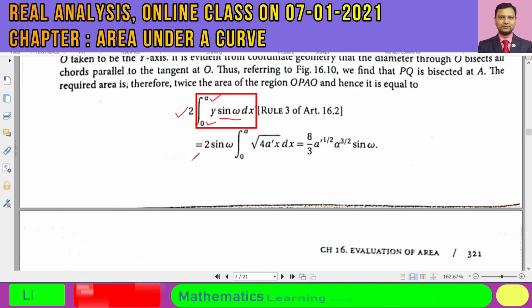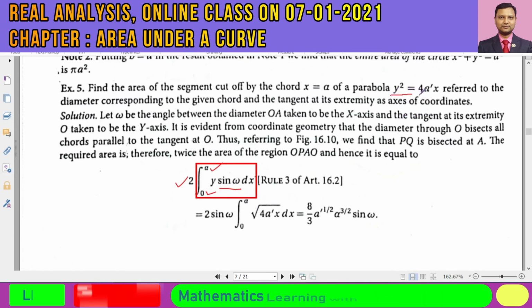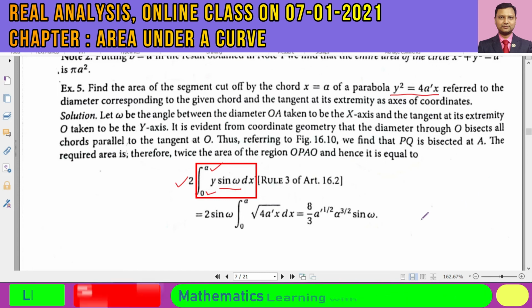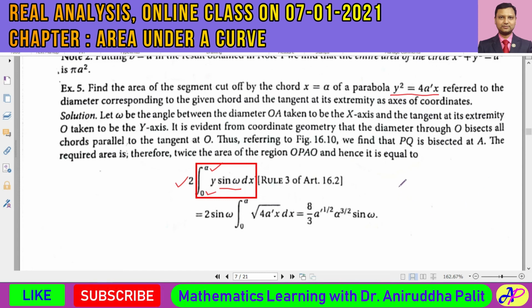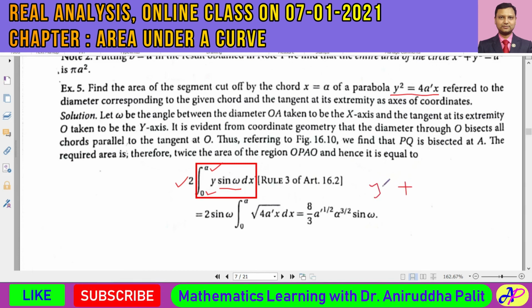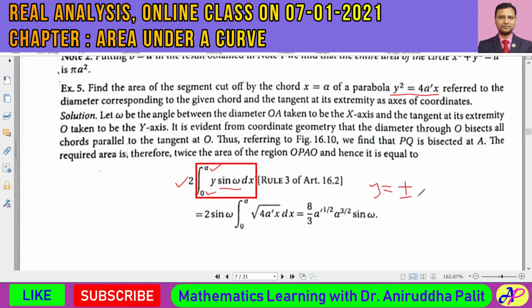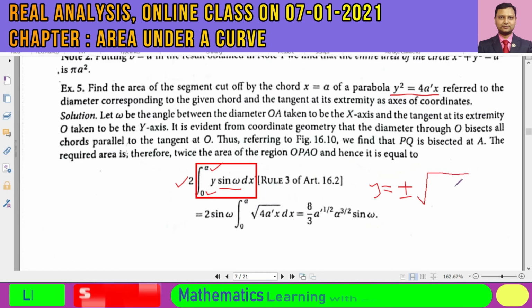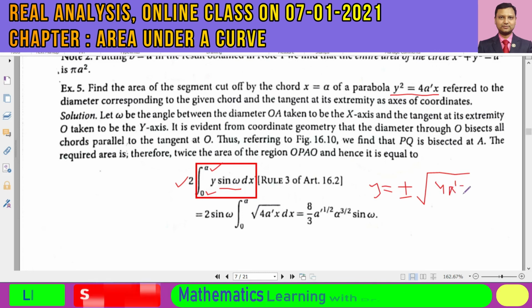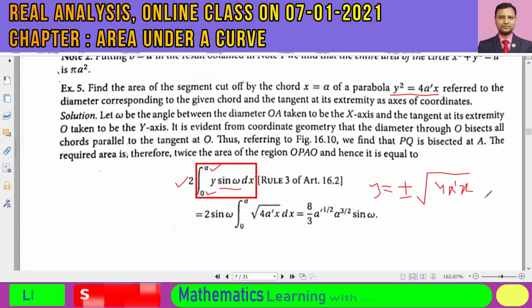Got it? And what is y? As per this question, it is given that y squared is equal to 4a prime x. If y square is equal to 4a prime x, then we should get y is equal to plus minus root over 4a prime x.